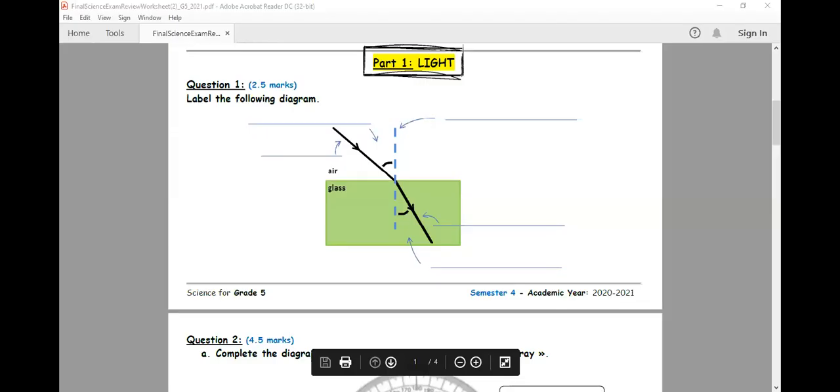So again, the light ray passes from the air to the glass.